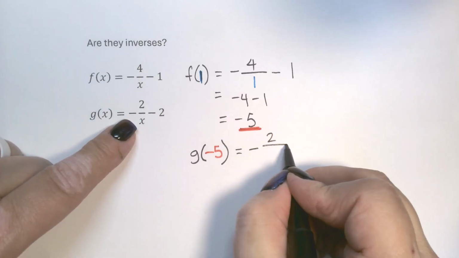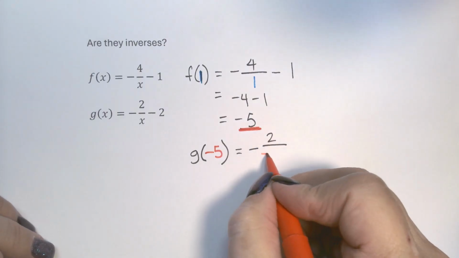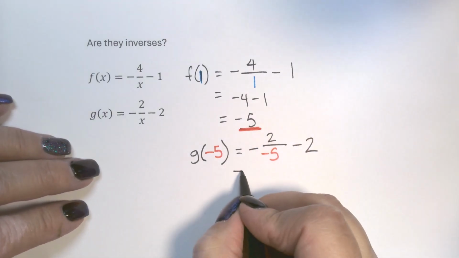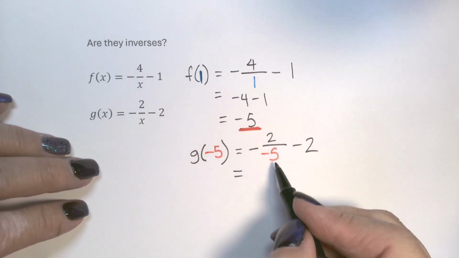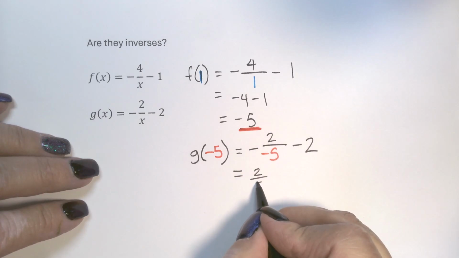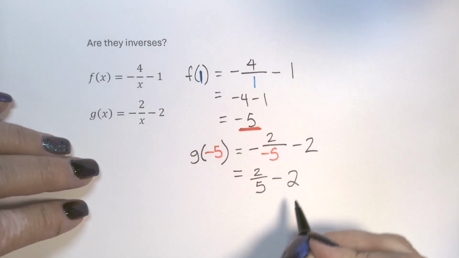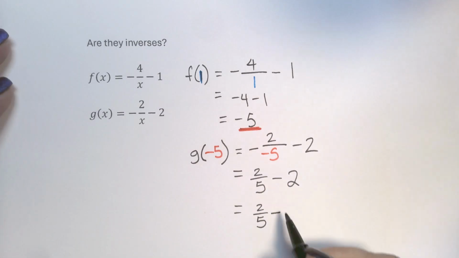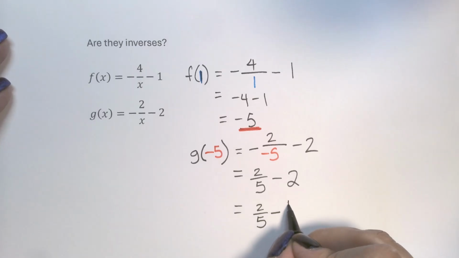So I have 2 over negative 5 minus another 2. Well, this is just going to be 2/5 positive because this is negative and there's a negative on the bottom, so I end up with 2/5 minus 2. So I have 2/5 minus, I need a common denominator. A 2 would be a 10 over 5.